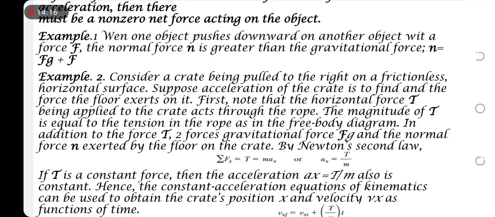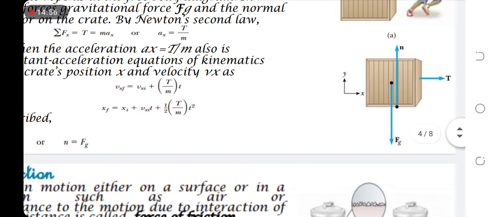First note that the horizontal force T, that is the tension in the string being applied to the crate, acts through the rope. The magnitude of T is equal to the tension in the rope, as in the free body diagram. In addition to force T, two forces, gravitational force Fg and the normal force Fn exerted by the floor on the crate, we can see from the figure.